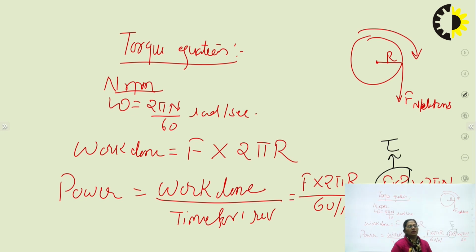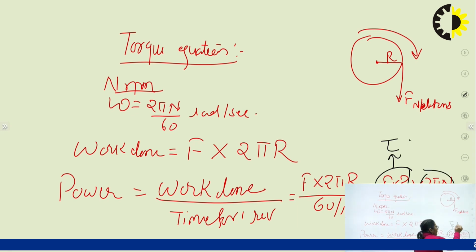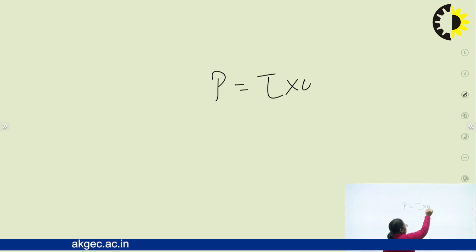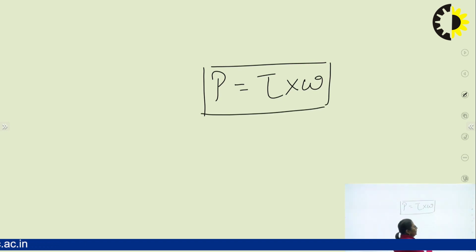That will give me the torque produced. 2 pi n by 60 we have already defined: this is nothing but the angular speed omega of the wheel. So what is the relation we are getting? The power developed is equal to tau, that is torque, multiplied by the angular speed of the wheel.